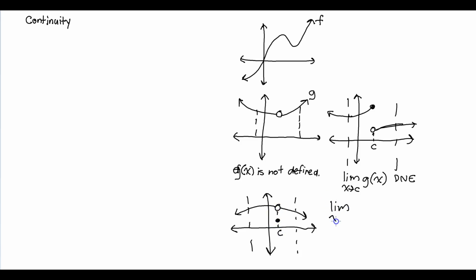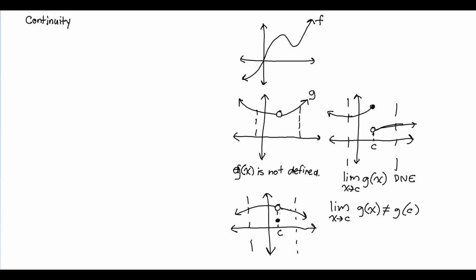The limit as x approaches c of g of x does not equal g of c. So the value that this approaches does not equal the actual value of the function. So that's also an example of a discontinuity, the opposite of continuity.